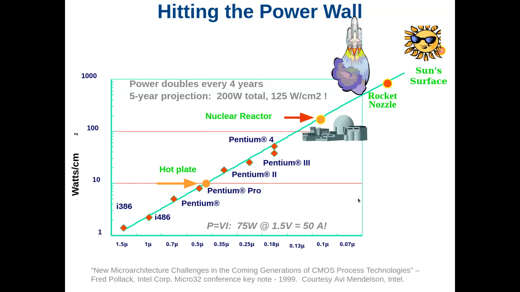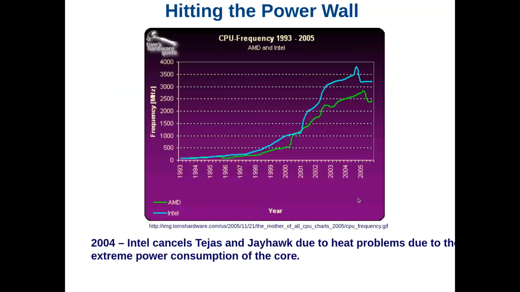We changed the brighter tomorrow to something like this, right? So I was not showing you the complete plot. I showed you only up to 2004 or so. But beyond that, some of the processors which were planned with probably higher frequency, higher transistor count, those had to be cancelled because of this power problem. Right?